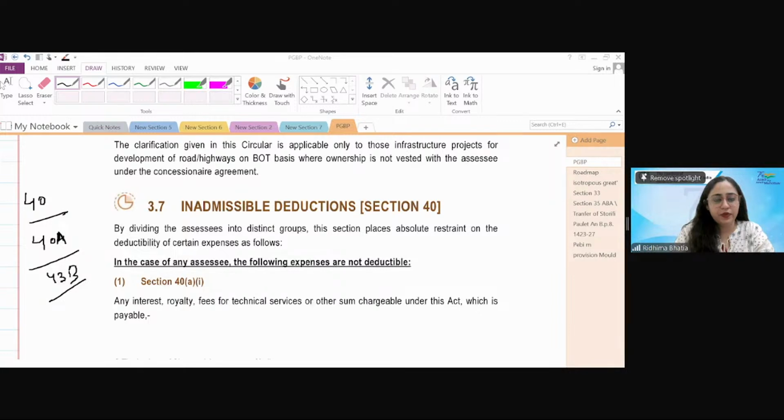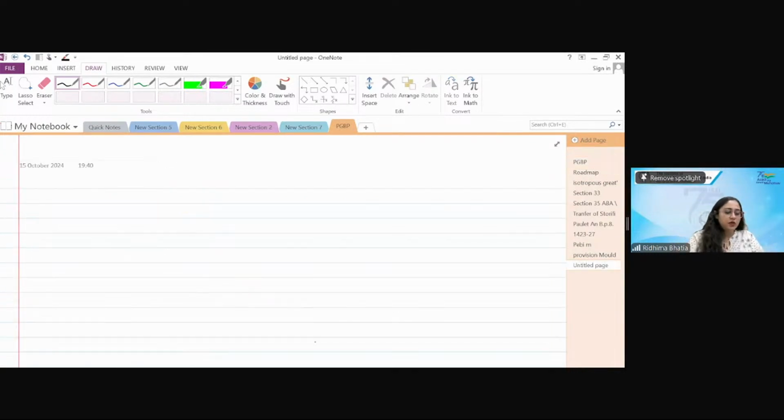So let's begin. So both are TDS related defaults.